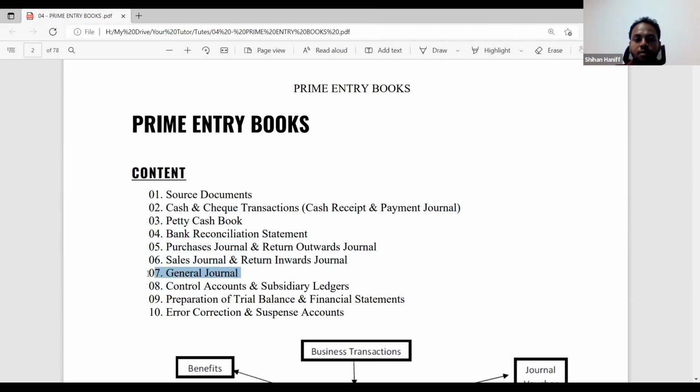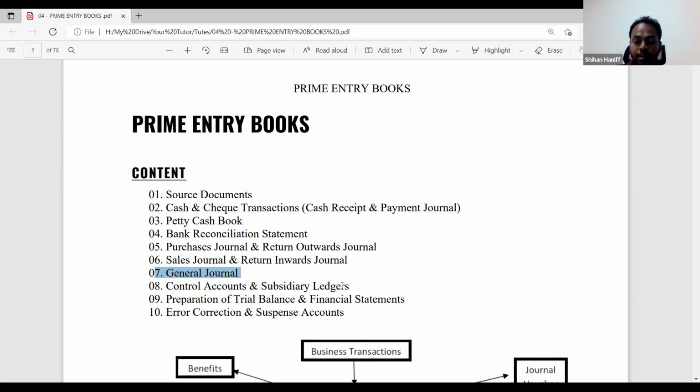So in the general journal, there are two types of journal. One is general journal, the other one is... once we are done with recording in the prime entry books, we post the transactions in the ledgers.